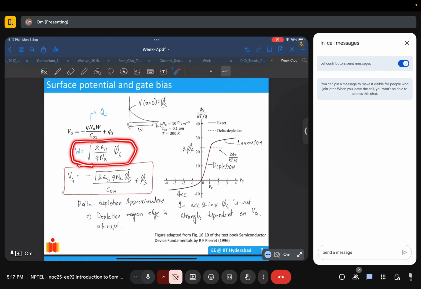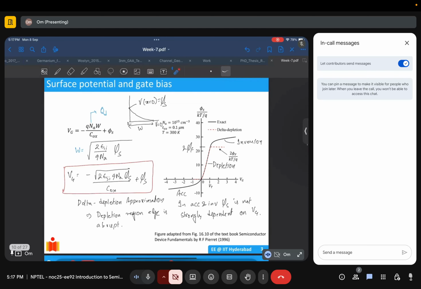We have already found this in the previous class using the Poisson's equation. So if you replace this W here, what you get is Vg is minus under root 2 epsilon Si Qna psi s plus psi s by Cox.